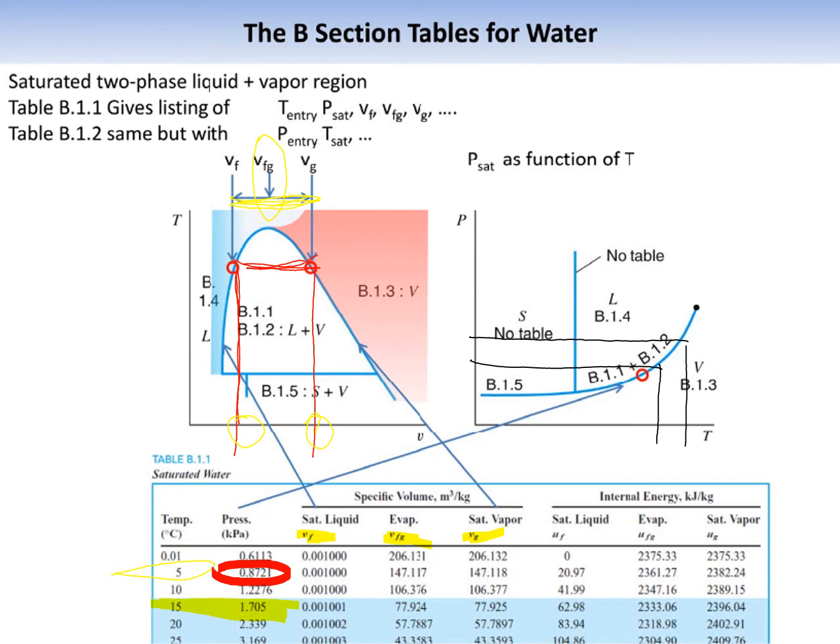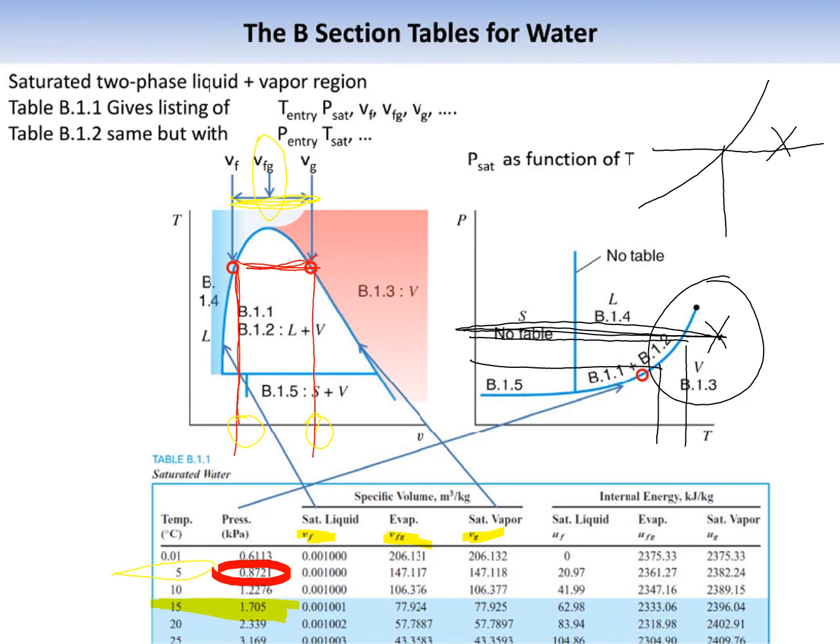If we have a certain temperature, for instance, our system is over here, and we look into this diagram, we will see our system is over here, the pressure was this high, the saturation temperature was this, the temperature of the system is greater than the saturation temperature, so the system is in the superheated phase.